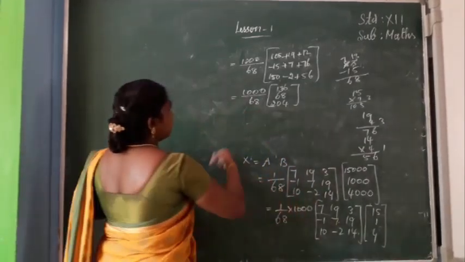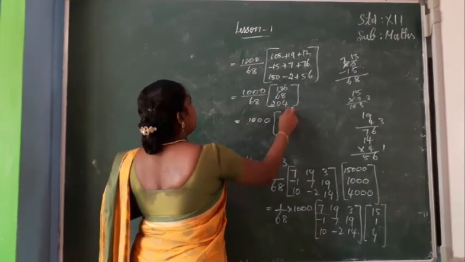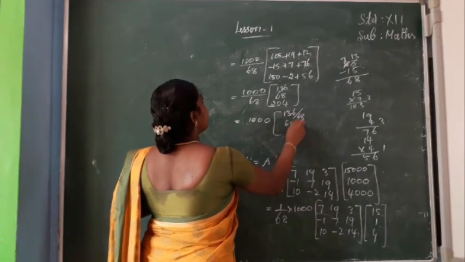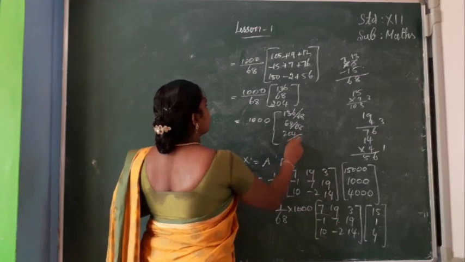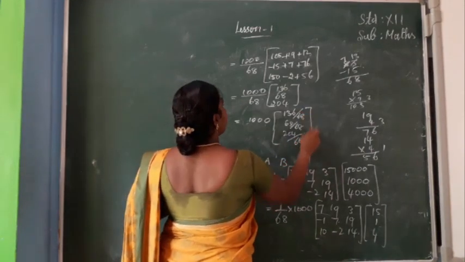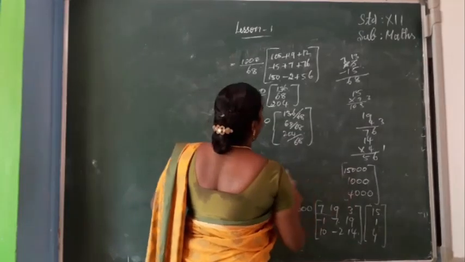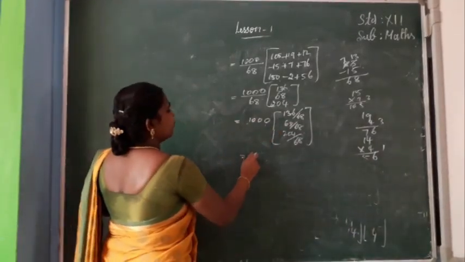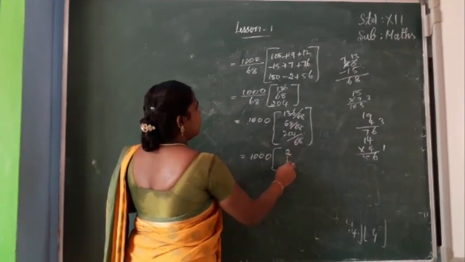Okay, now we divide. So 1000 into 136 by 68, this is 68 by 68, this is 204. Without writing this also, you can simplify directly. How many 68s are there? 2 times. Next, 1 time. Third, 3 times. Okay, so 1000 into 2, 1, 3.